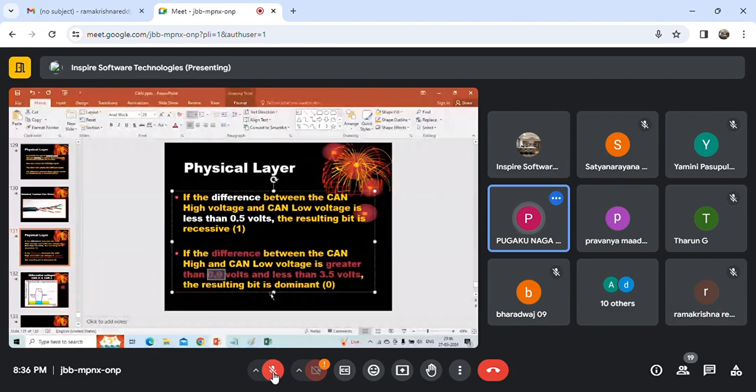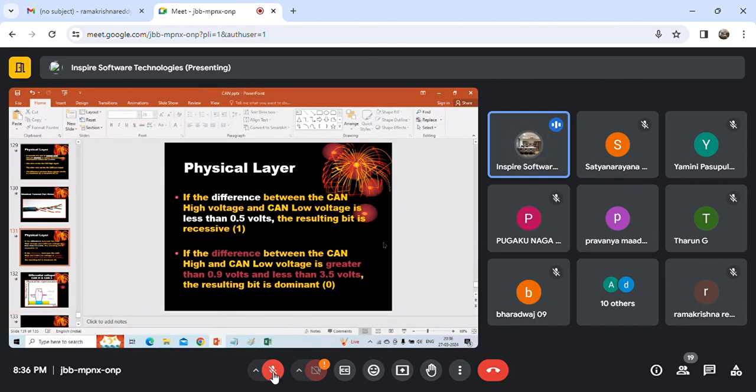It is neither of them, because between 0.5 volts and 0.9 there is no definition. So it can be either of them. It is undefined behavior, and you should not operate that way. They intentionally provided that gap so that noise can be clearly identified.